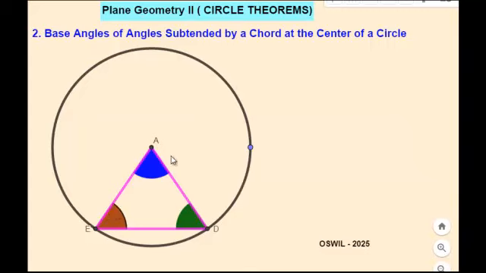We are going to look at how we can find any of these base angles when there is an angle that's subtended at the center by the chord. When you look at this diagram, you may think that all these interior angles of the triangle drawn are equal.